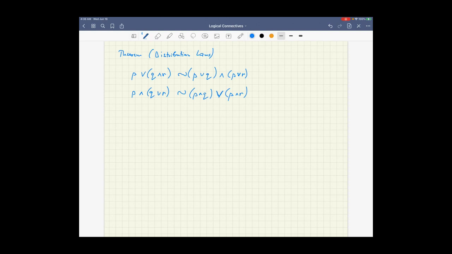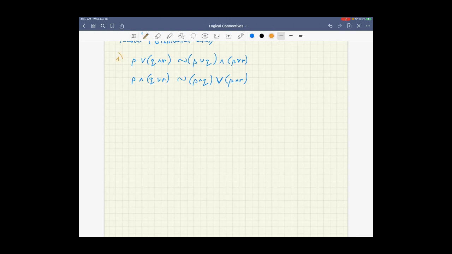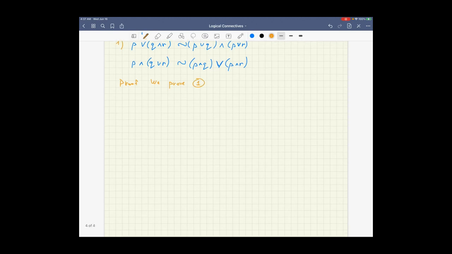You can easily verify this again using the truth tables. Let me maybe verify one of them. This time the truth table will have 8 rows, because there are now 3 statements, P, Q, and R, and each one of them can take 2 values. So 2 to the power 3 will be 8 rows.